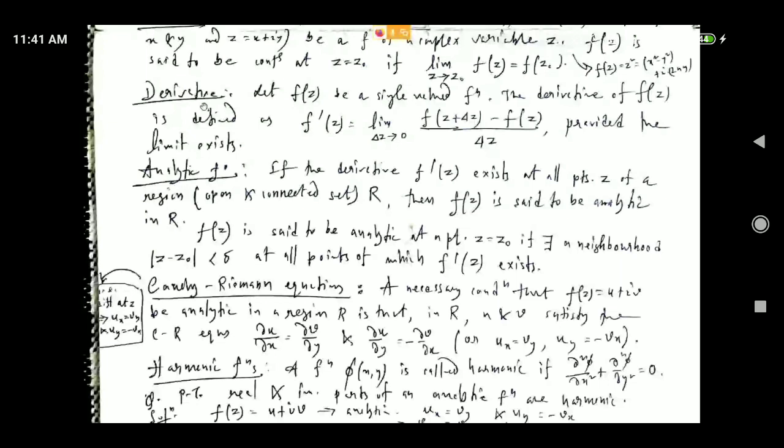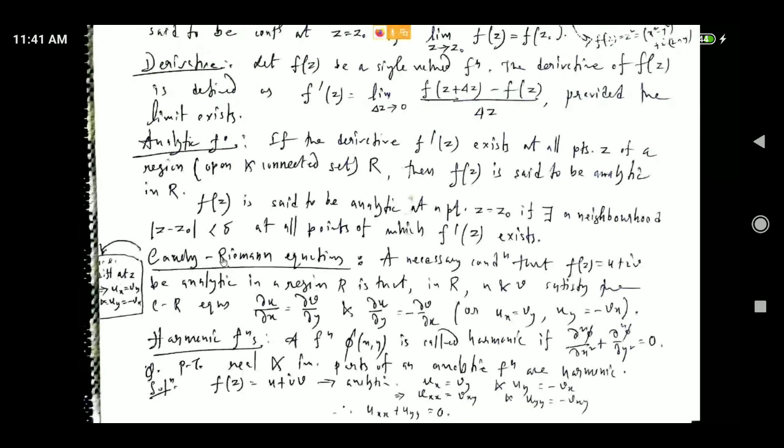So we'll understand this more clearly later. Analytic means differentiable. Analytic at a point means it is differentiable at all points in its neighborhood. So here, more mathematically and more precisely, we have given the definition of analytic.